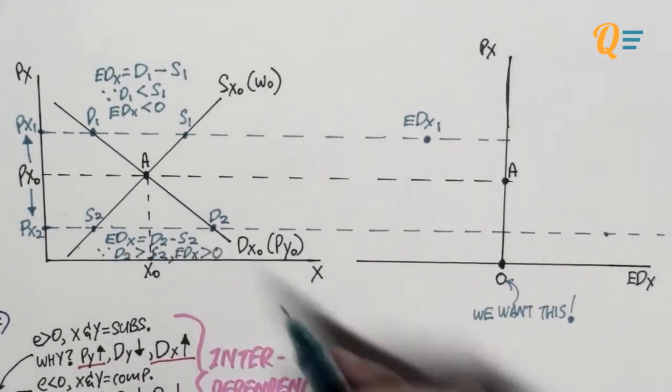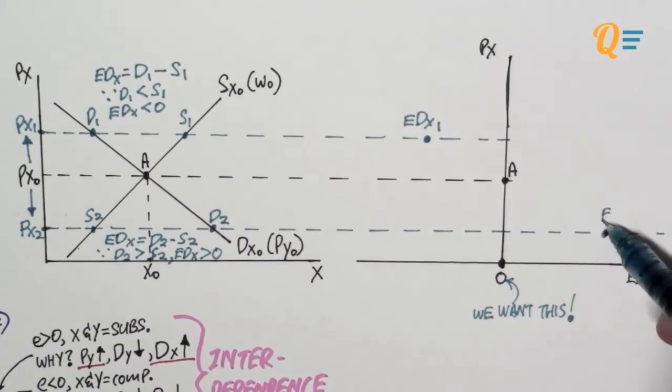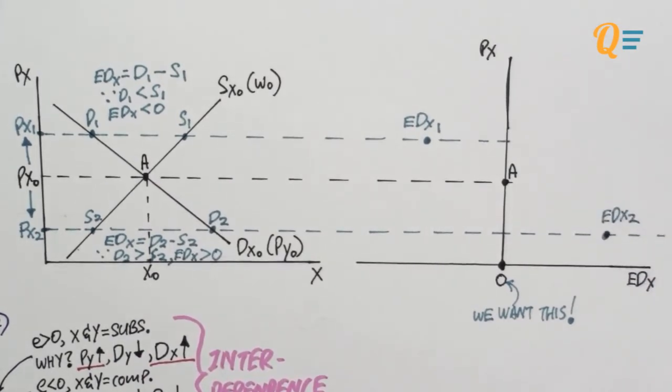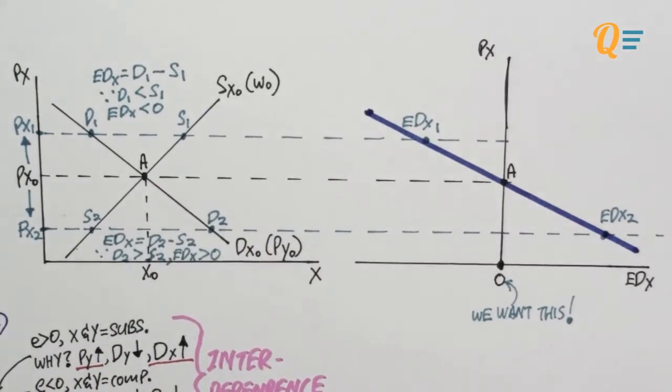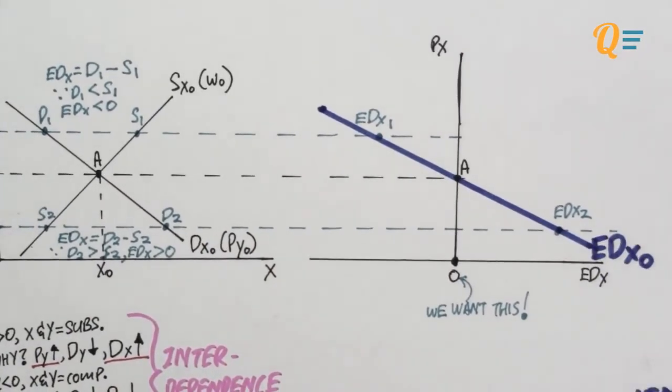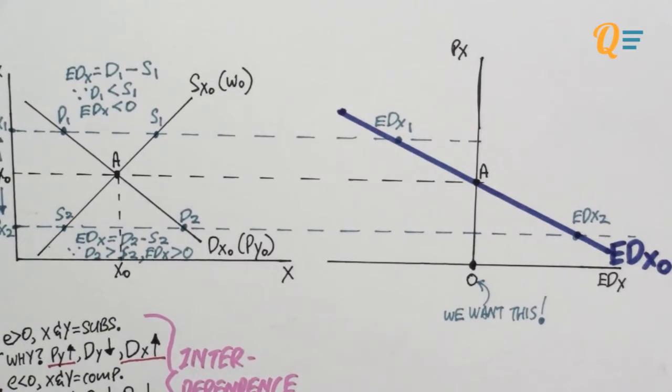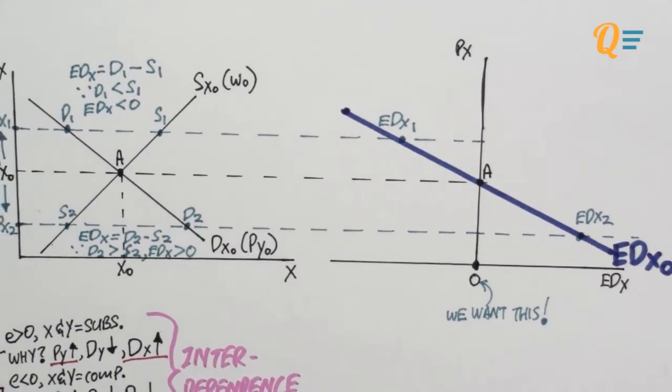Now that the demand is more than the supply, you would have a positive excess demand for X, so EDX2 would be somewhere there, like I plotted in the diagram on the right. We just connect the dots, and what you would have is the excess demand for X curve. See? Quite easy, right? Alright, now let's bring in good Y.